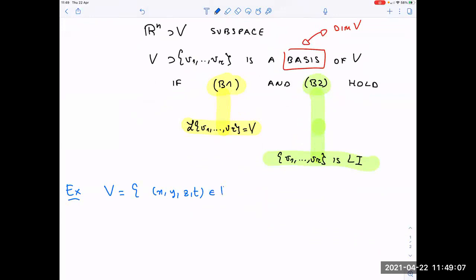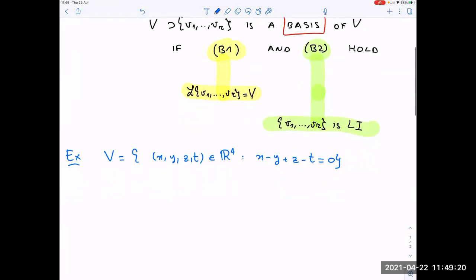These are 4-tuples of real numbers, so we are in R4. We want this equation to be satisfied. And then we are asked to compute a basis and the dimension of V.